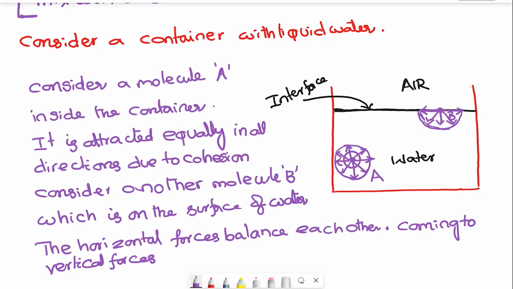See, outside air is there, inside water is there. So naturally, the attraction between the molecules of water is more compared to the attraction between the molecules of water and air. So because of that, coming to vertical forces, there is an imbalance.